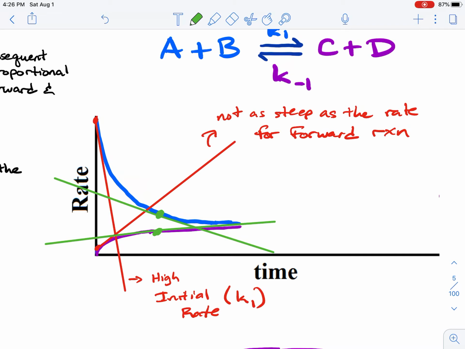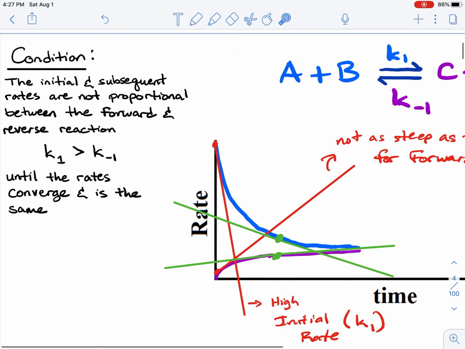And so you can see that the steepness of this line is much more steep than this line.